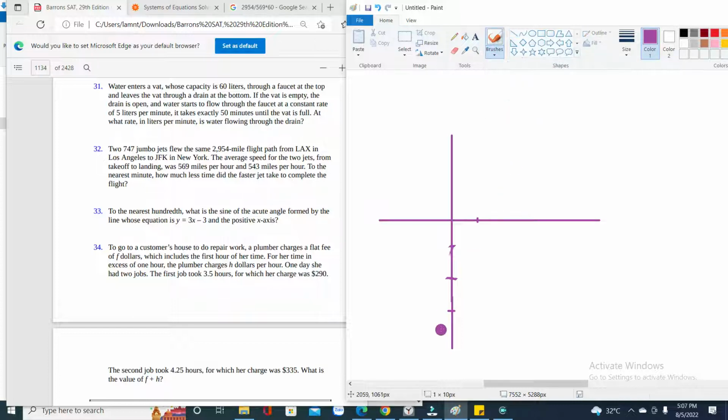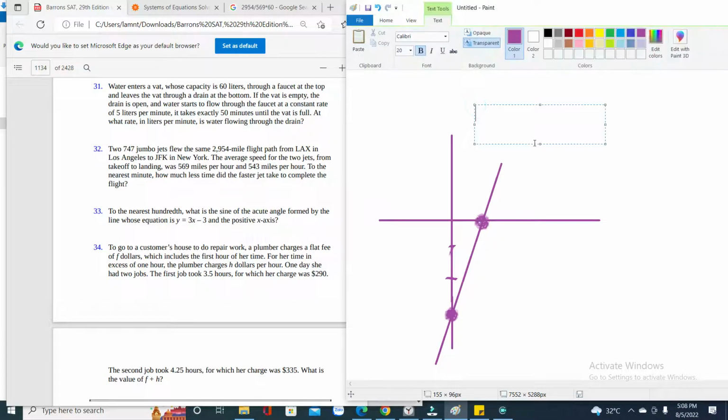So one point here and one point here, alright? So that's the line that we are considering, y equals 3x minus 3.